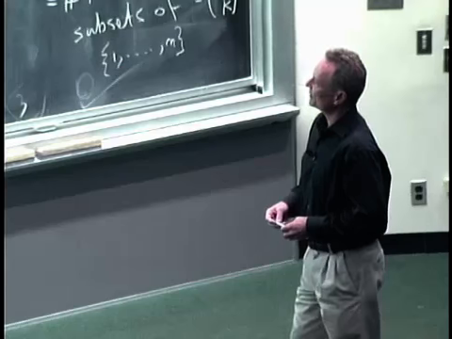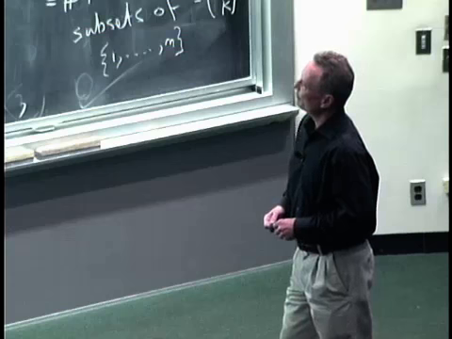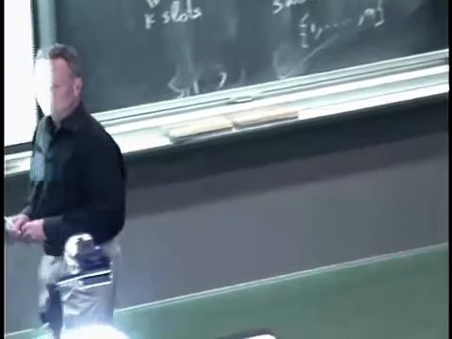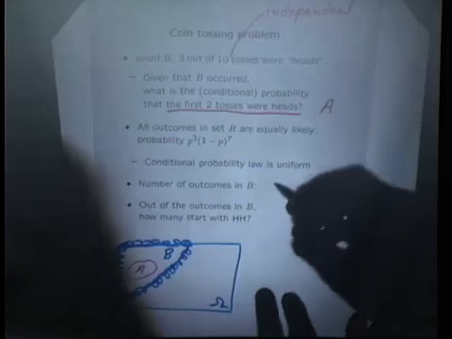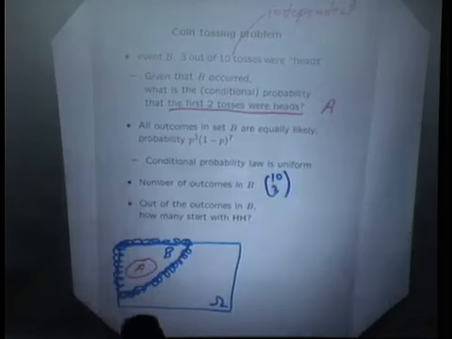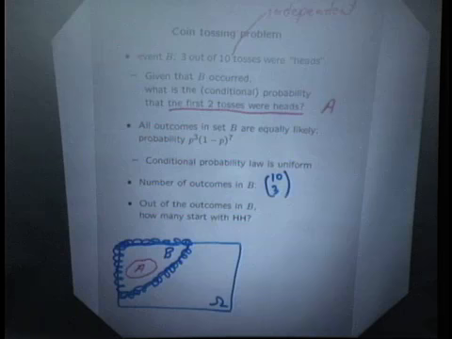Number of outcomes in B. In how many ways can we get 3 heads out of 10 tosses? That's the number we considered before, and it's 10 choose 3. This is the number of 3-head sequences when you have 10 tosses.